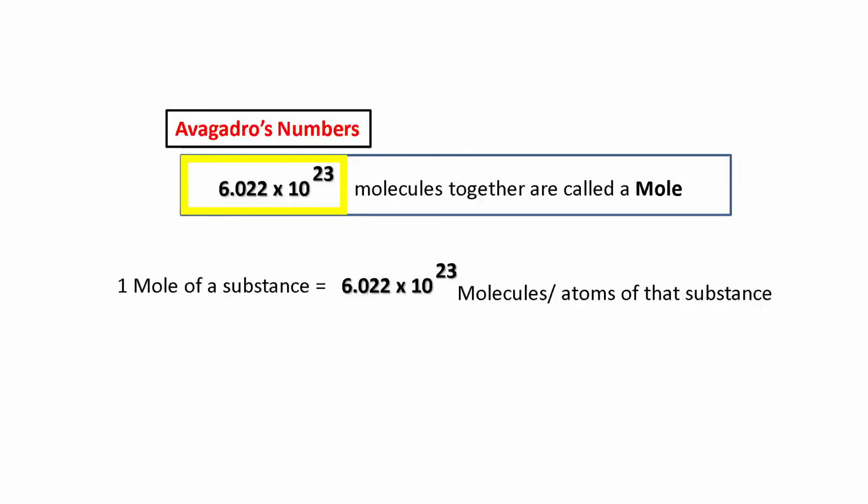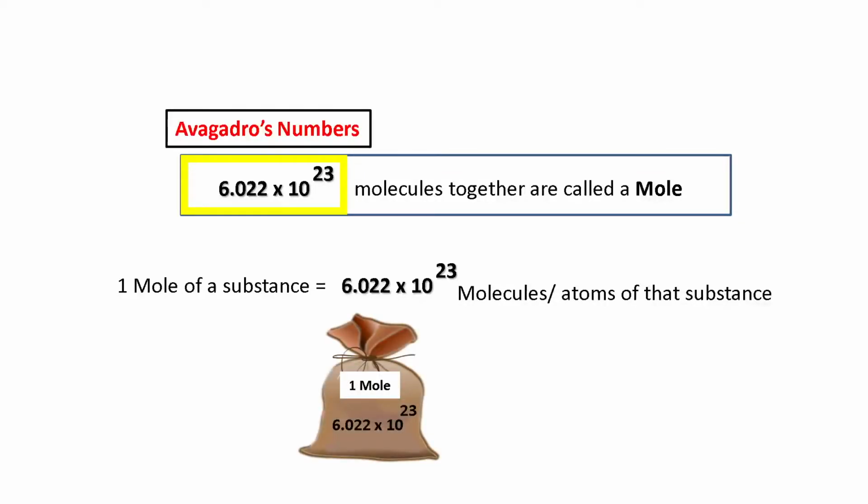So when we say a mole of a substance, it means that there are 6.022 into 10 to the power 23 number of particles. It means a bunch of Avogadro number of molecules, ions, or atoms in a sac. We will call this sac a molar sac in this presentation for our convenience.